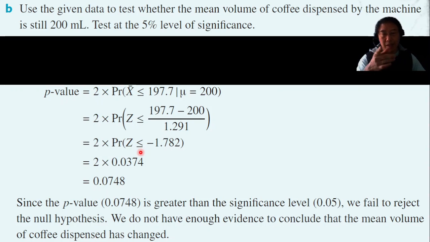I'll show you, there's actually a function for the tail testing for the 1 or 2. We determine that p-value. Now, because that p-value is greater than the significance level, we have no way of rejecting the null hypothesis. Therefore, we do not have enough evidence to conclude that the mean volume of coffee dispensed has changed.